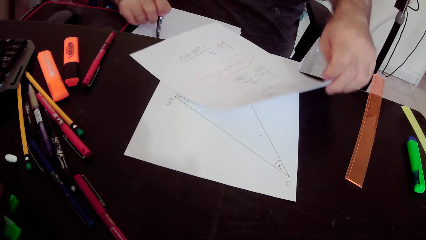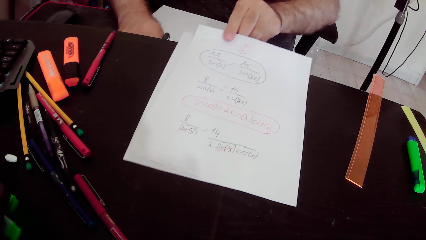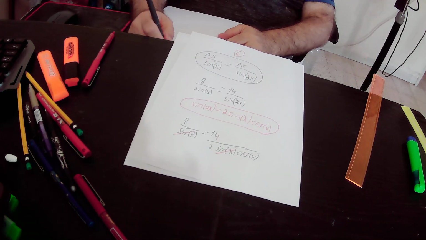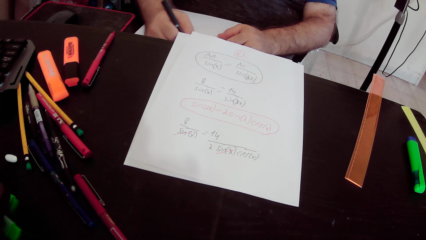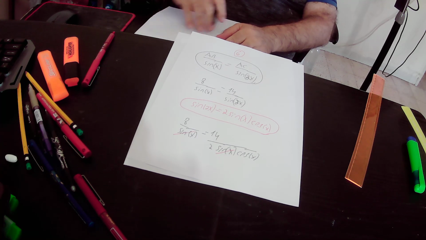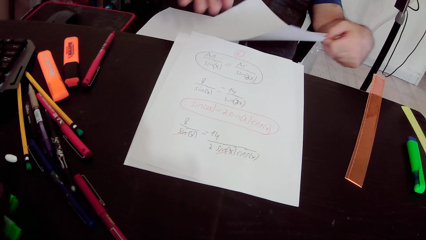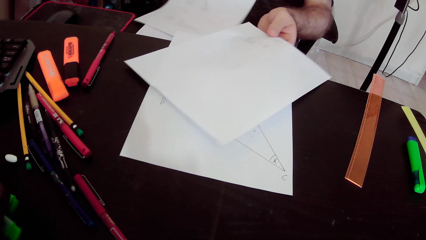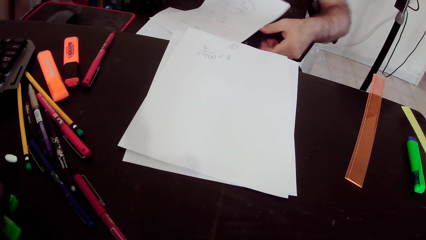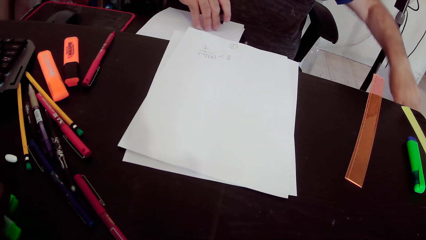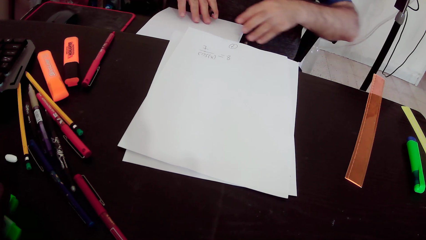So in total we will get that 7 over cosine x equals 8. So we got that 7 over cosine x equals 8.